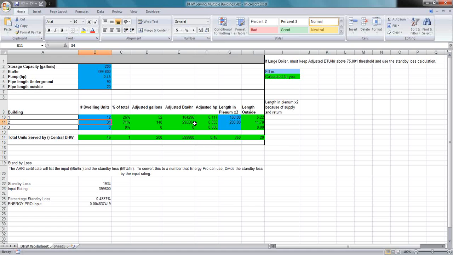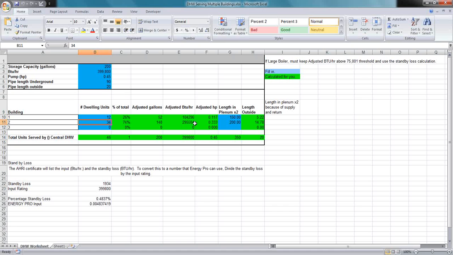Otherwise, it's going to look at it as a small domestic hot water system, as shown before, and you're going to be looking at an energy factor, and it's not the same as your standby loss calculation.